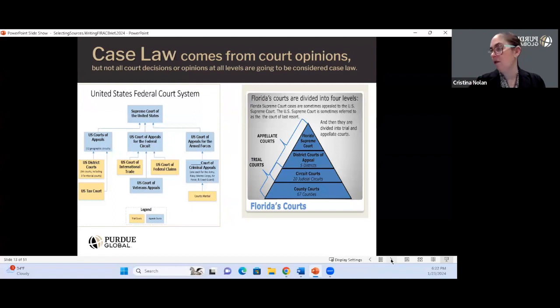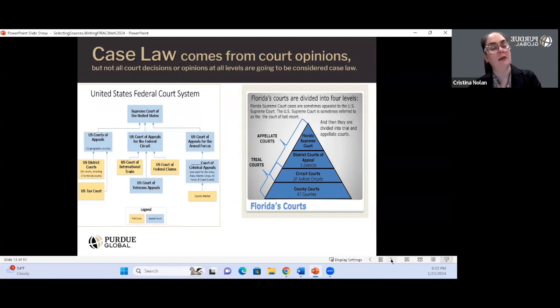So then we look at the state courts, and of course we can't look at all the state courts for 50 states, but for the purpose of this discussion, we're going to look at Florida's courts. They're divided into 4 levels. At the bottom are your county courts, then you've got circuit courts, district courts of appeals, and at the top is the Florida Supreme Court.